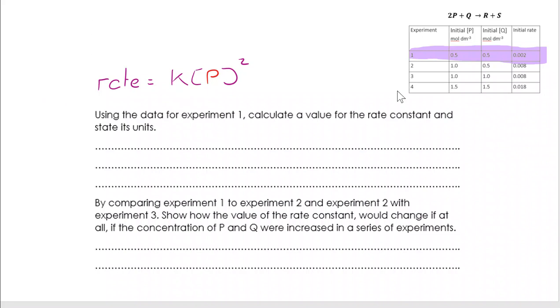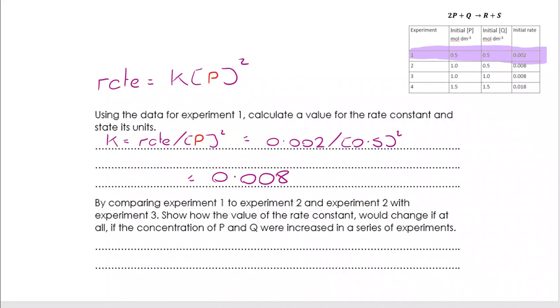Well, we've got all of the information in experiment 1 that if we rearrange to make k the subject, k is rate over concentration of P squared, we get the values directly from it, 0.002 over 0.5 squared. When we do that, it comes to 0.008.